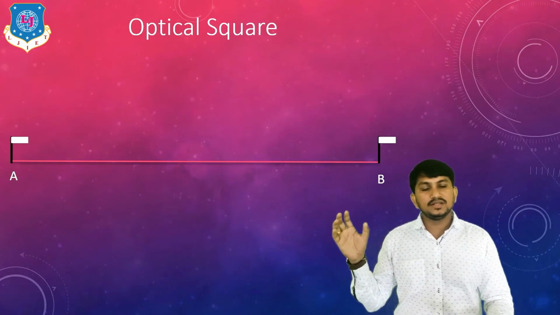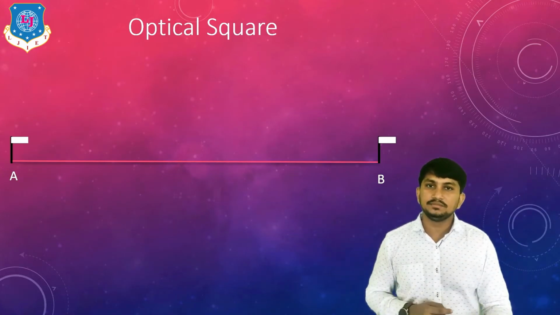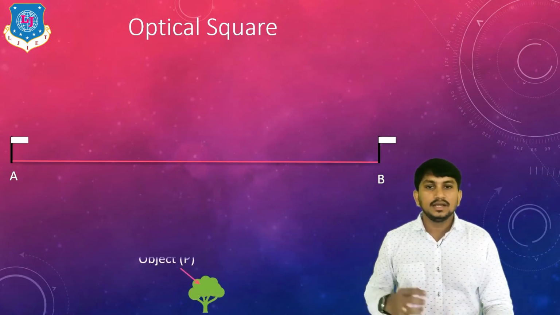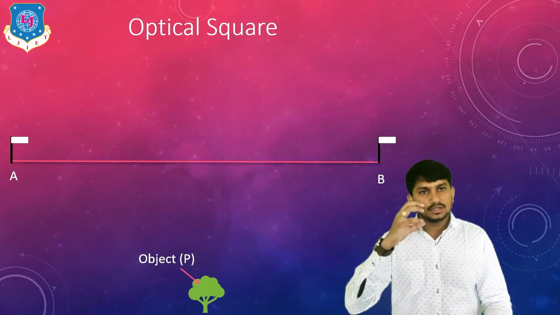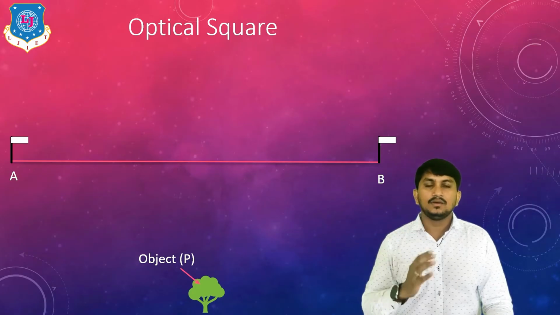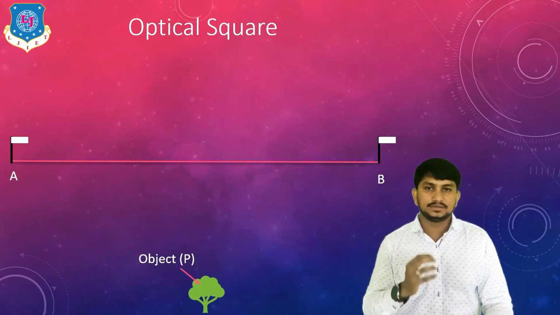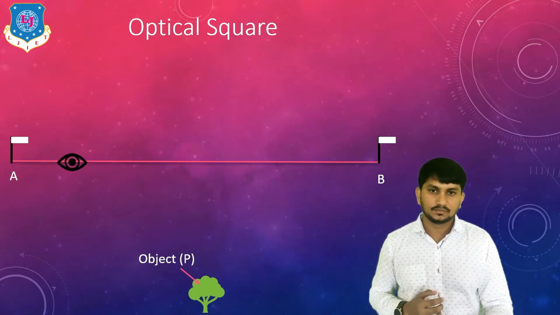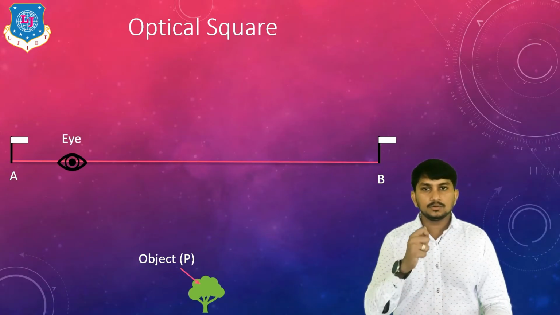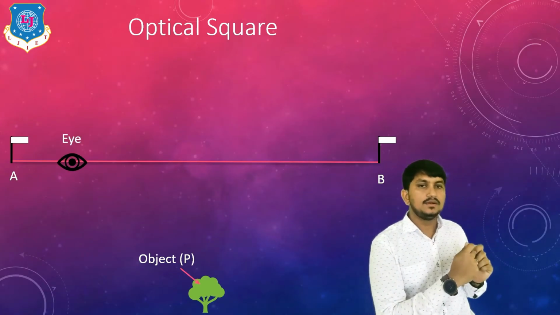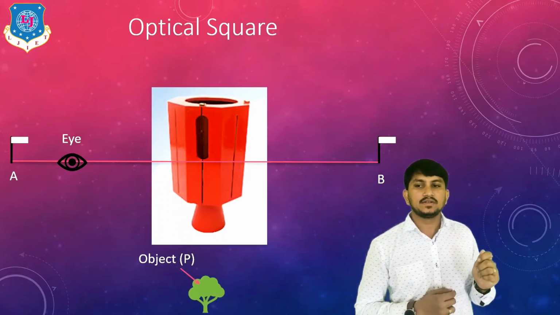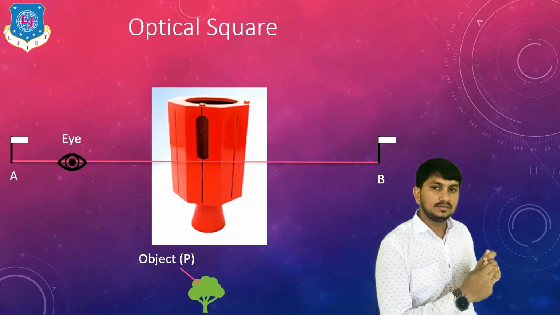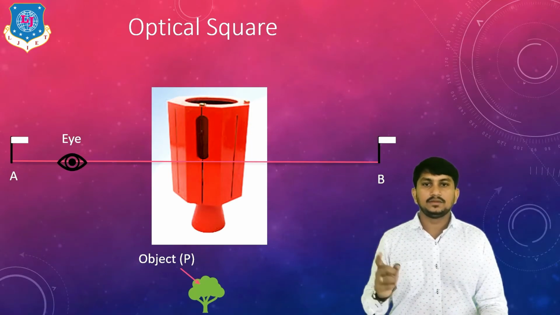Suppose there is a chain line having two end stations A and B. There is an object P. We have to find the perpendicular offset distance for this object. For that, we have to stand like this with one instrument called an optical square. This is an optical square. This is our eye.